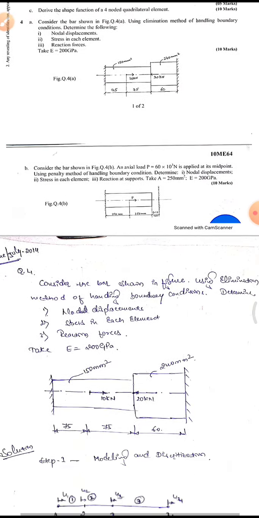In that, wherever the step of the bar is given, there we make an element: from here to here one element and from here to here a second element. The first element is connected between node 1 and 2, and the second element is connected between nodes 2 and 3. This is how the stepped bar is formed.